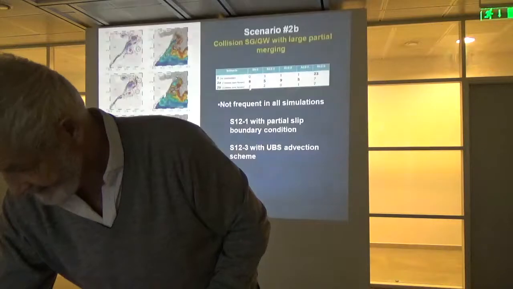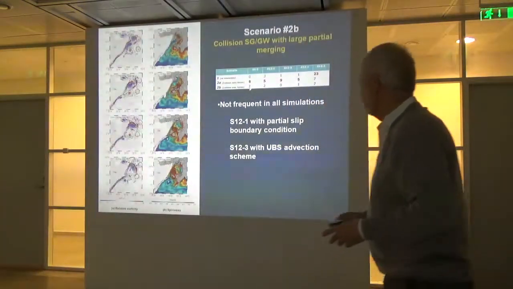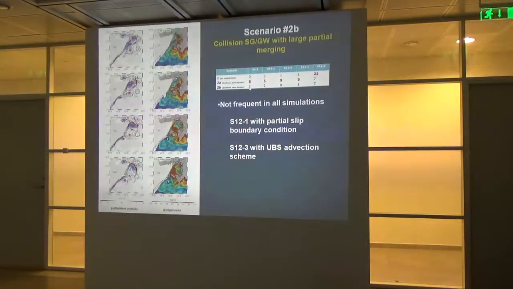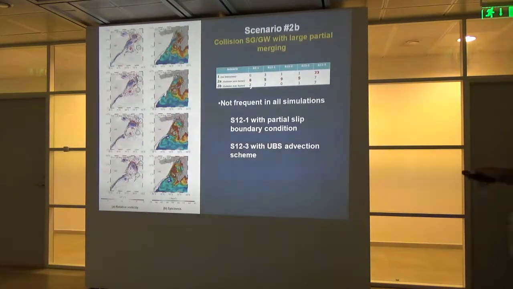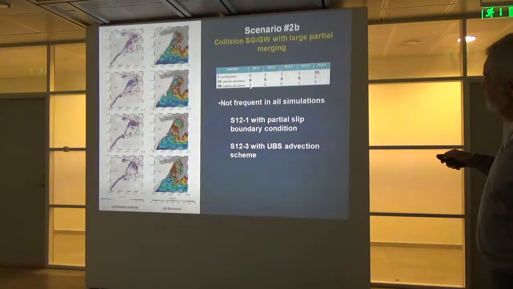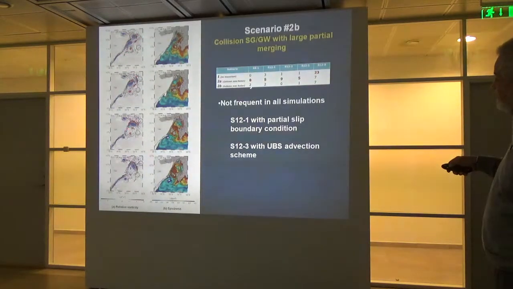The third scenario I call 2B because it is a collision, but there is a large partial and sometimes total merging. So the two eddies collide, but there is only a little shield between the two. The shield is not very strong, and therefore they mix together.